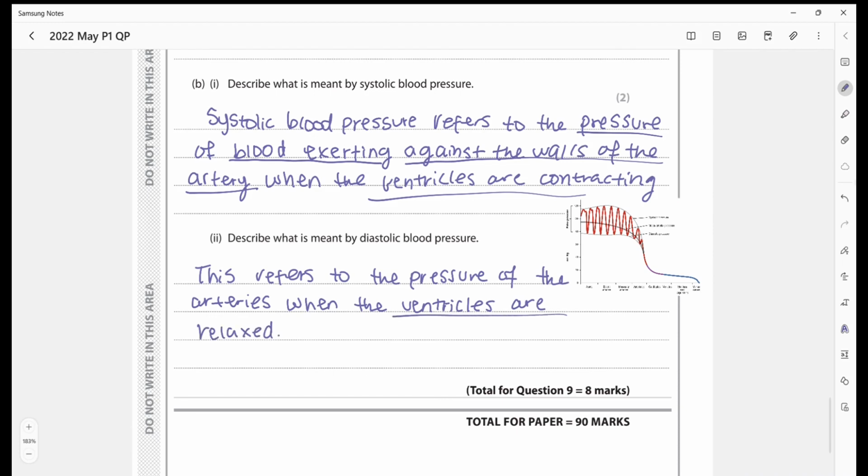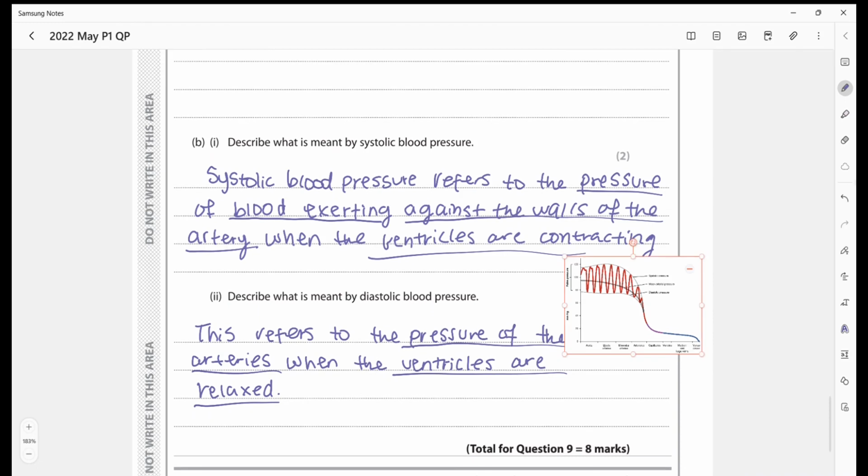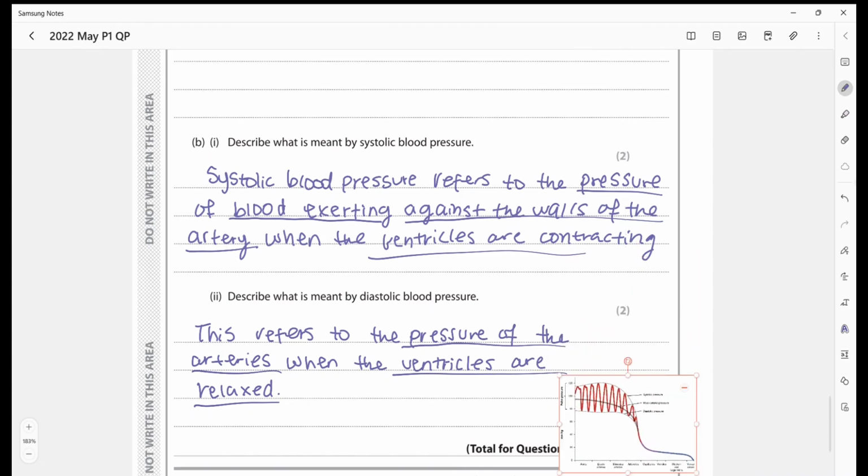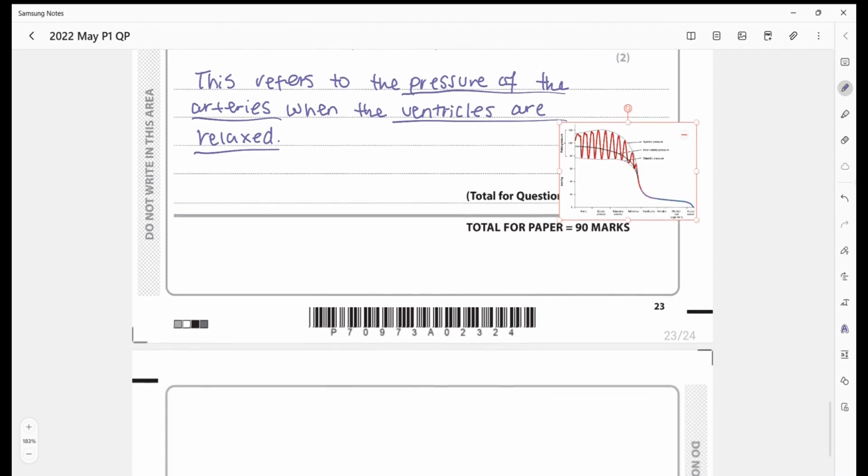Okay, this is one mark, and this is the other mark. All right, and I think there's only 2 marks for this. Let me just check. Yep, there's only 2 marks for this. All right, and that's the end of this paper.